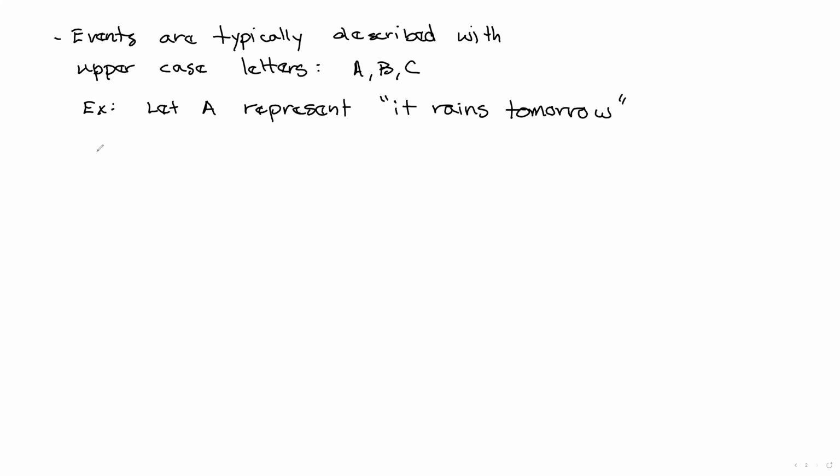Then we would go through and use symbolically. If we say P of A, that would mean the probability that it rains tomorrow.